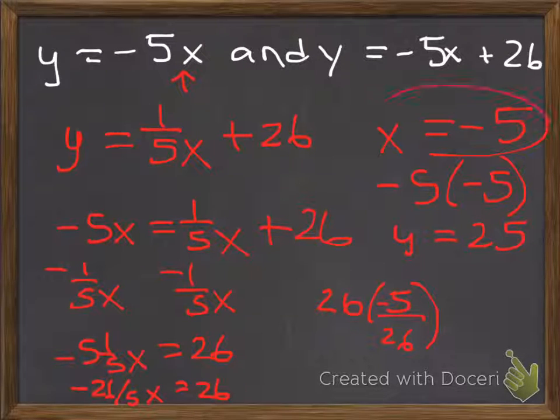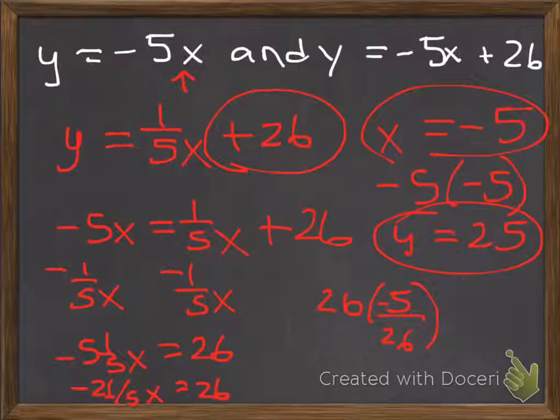So we're going to take this point with the y-intercept of the perpendicular equation, which was (0, 26). We're going to plug that into the distance formula.